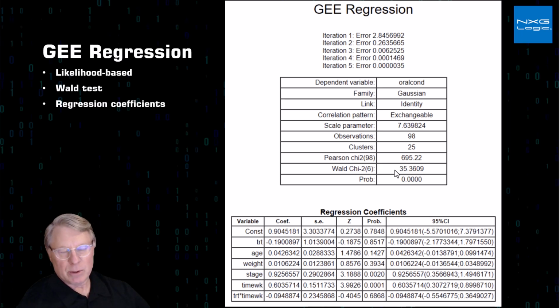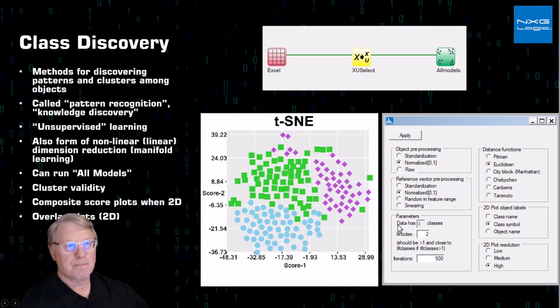That's similar to an F test for ANOVA for a multiple linear regression model, except the Wald test is commonly used for logistic and GEE, and can also be used for Cox PH regression as well. And then finally, you have a listing of the coefficients.